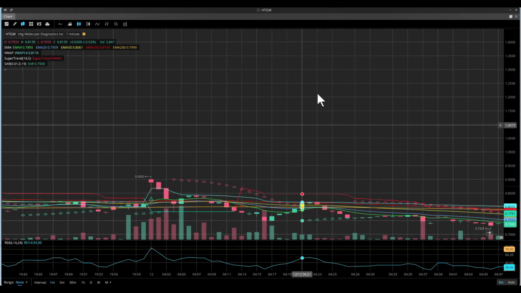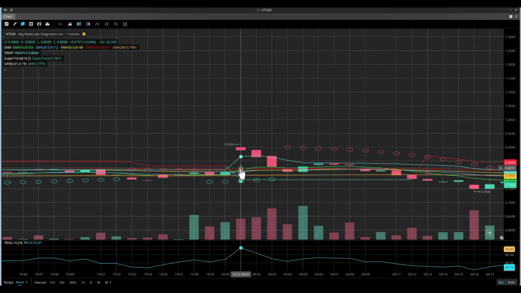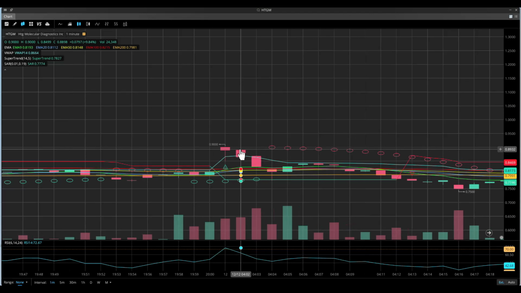And as we can see right here, 4:01 a.m. This closed at 88 cents. It closed as a red candle. I do not make entries on red candles.